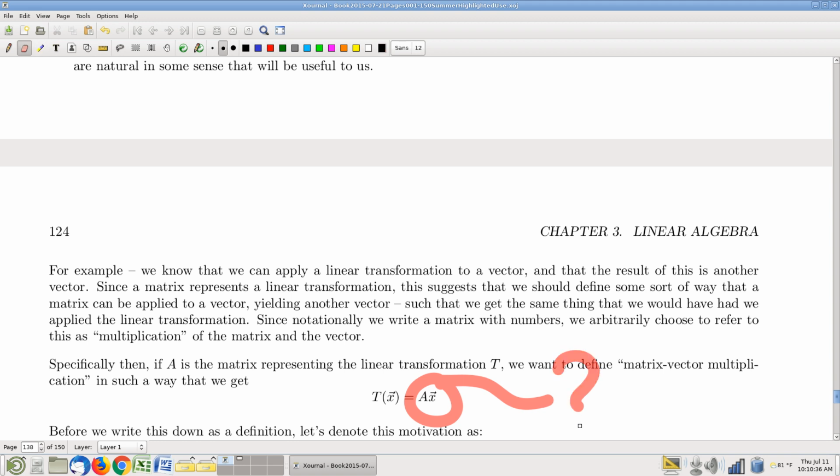Well, this matrix is just a way of representing the linear transformation. So matrix times vector, what a matrix does to a vector really ought to be the same as what the linear transformation does to that vector. They're supposed to be the same thing in the sense that one represents the other.